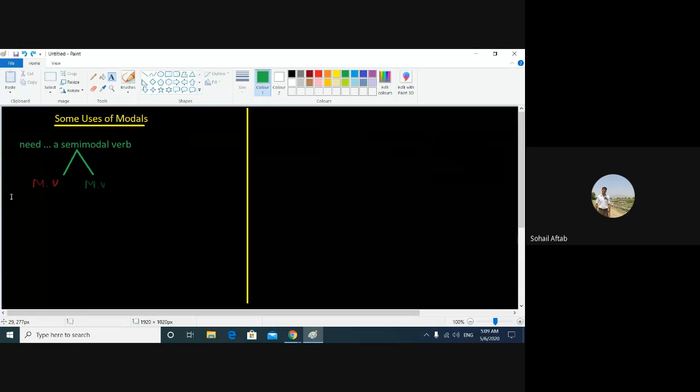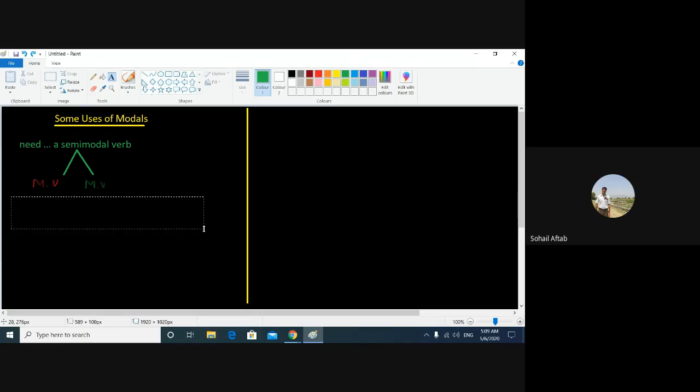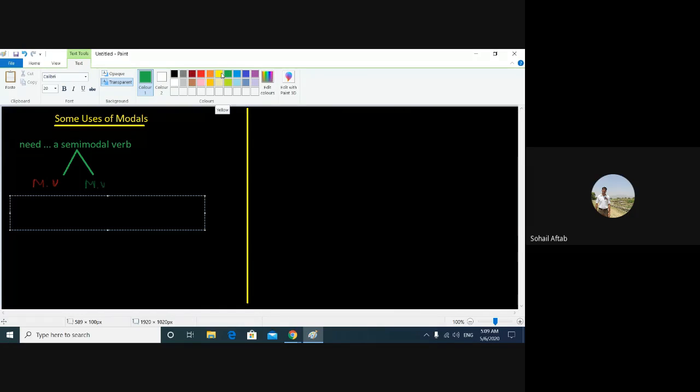Indefinite pronouns which we use with need are something like no one, or nobody, or nothing, or maybe others.